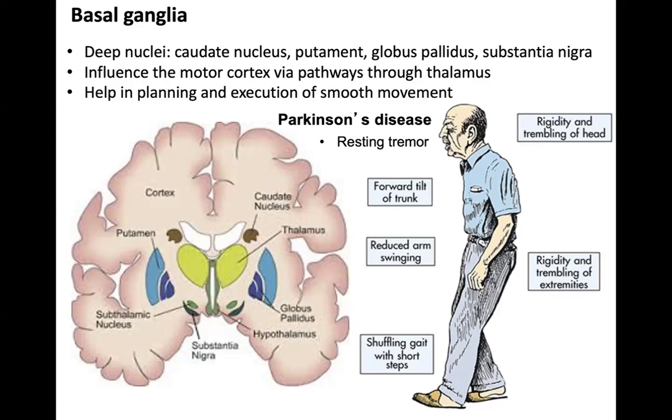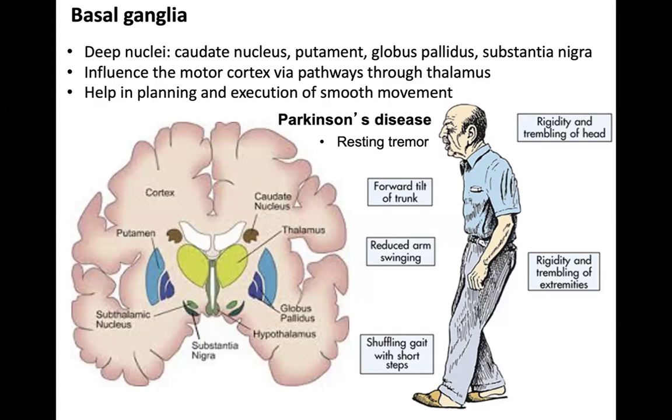If you're missing that neurotransmitter, you can have Parkinson's disease. Anyone? Have you heard of dopamine? Dopamine. Anyone? Yes. Okay, so dopamine is a major neurotransmitter used in the basal ganglia.